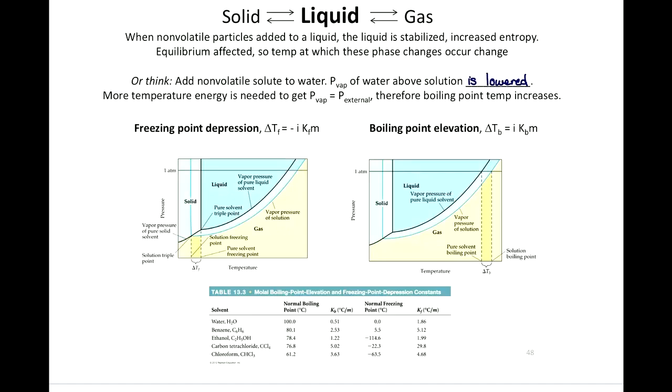So we already said that when we dissolve stuff in water, vapor pressure changes. How? It gets lowered. Right? So pure water has a vapor pressure, but once we start adding solute, like sugar, salt, whatever, into water, the vapor pressure of water is lowered.